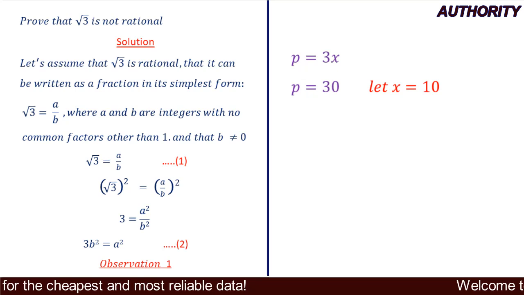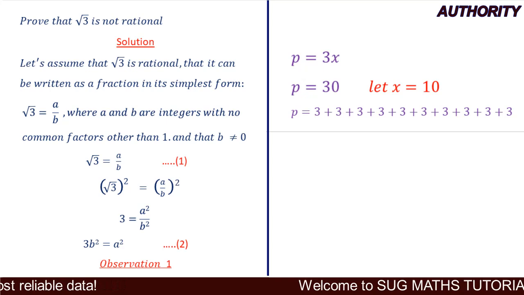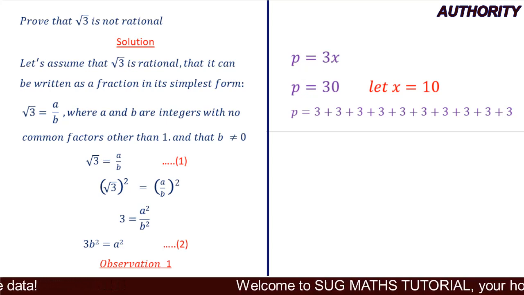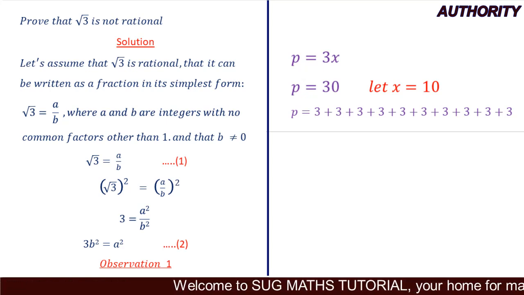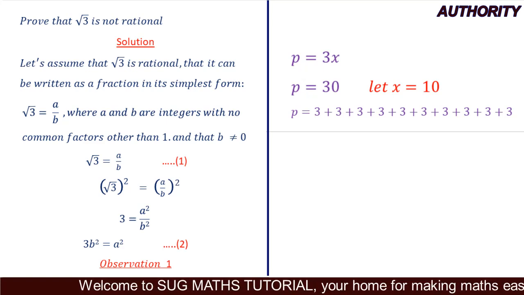Good. Now again, p is equal to 30, telling you that this 30 is also a multiple of 3. Multiple of 3 meaning 3 plus 3 plus 3 and so on, ten times, will give you 30. That is to say 30 is a multiple of 3, so also p is a multiple of 3.